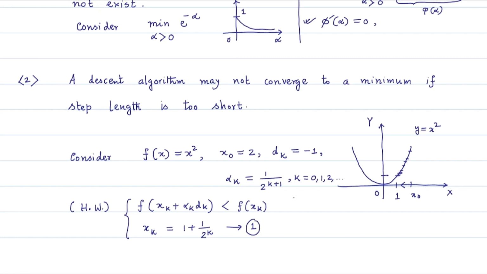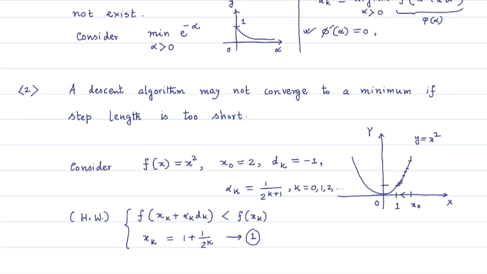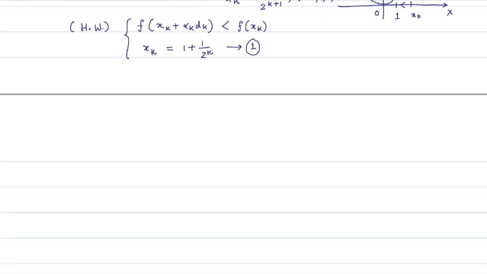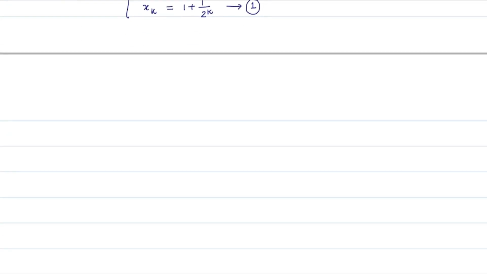And hence we should not go with too short a step length, otherwise a descent algorithm may not converge. Now I will next show an example where we will see that a descent algorithm may not converge to a minimum if there is no significant decrease of the function value in the consecutive iterations.